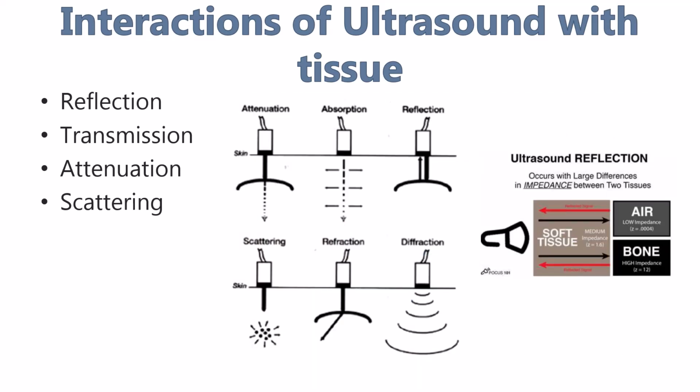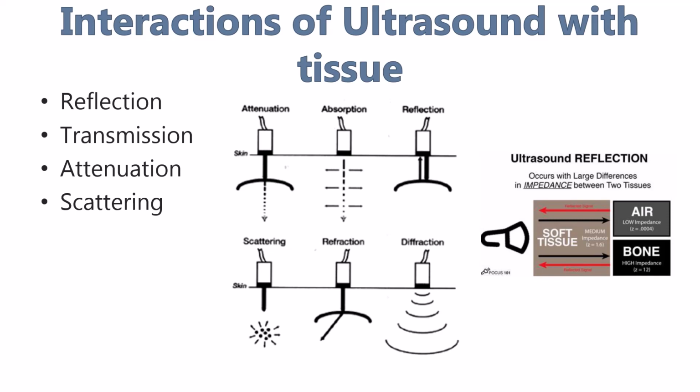At the end of the pulse, we will get reflections. In other words, the transducer will now receive the echoes being reflected by the tissue. Remember, you have like 1% pulse, 99% receiving.